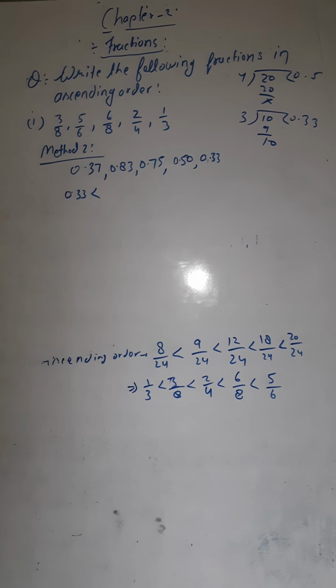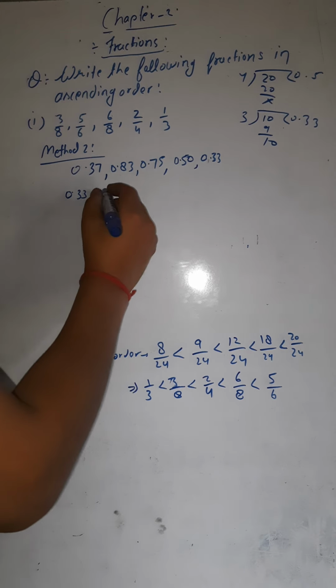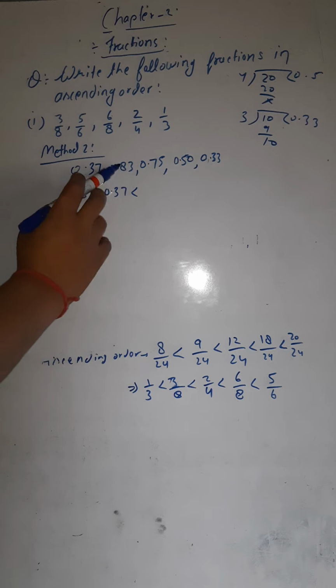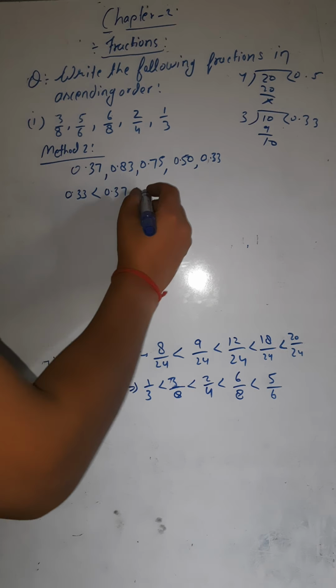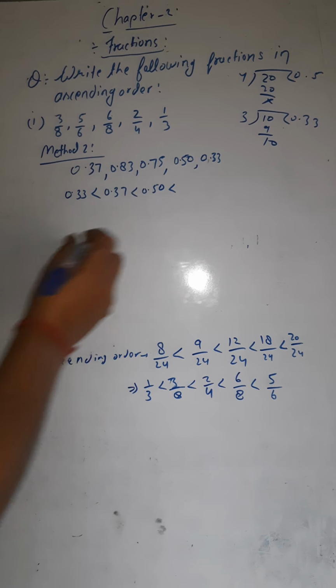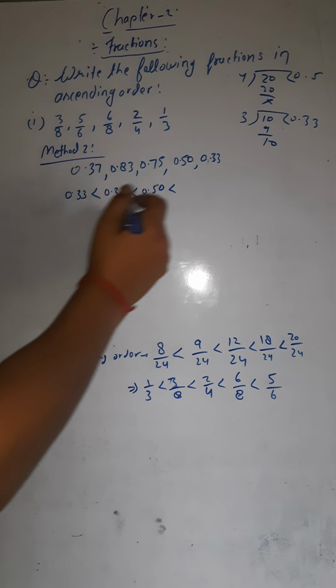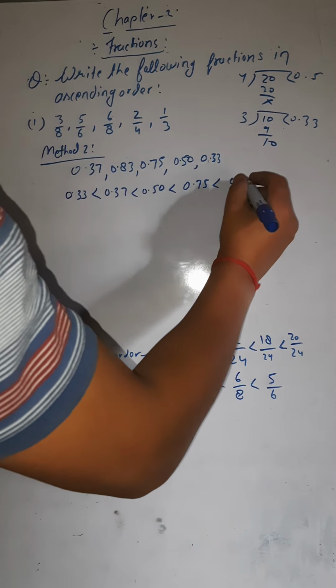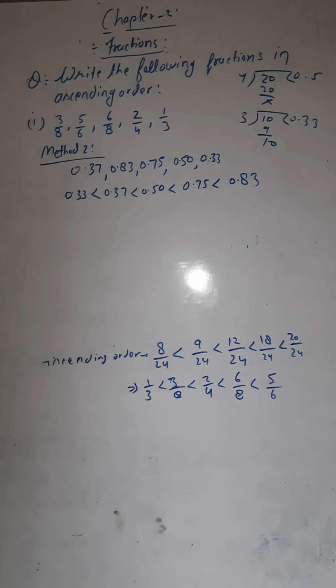So greater than this is which one? 0.37. And greater than 0.37 is which one? 0.50, yes, of course. Then greater than this is 0.75. Then greater than this is 0.83. So this is how we have written this.